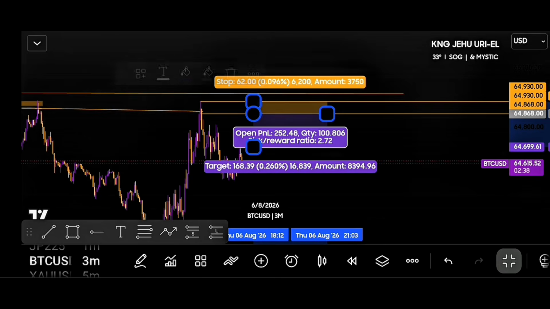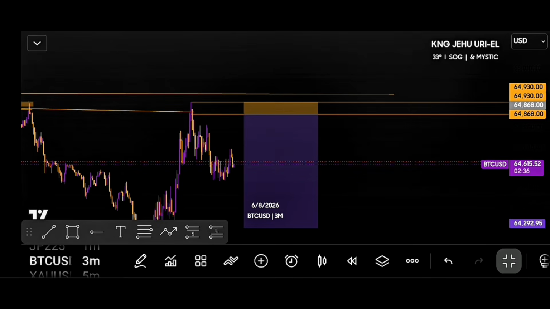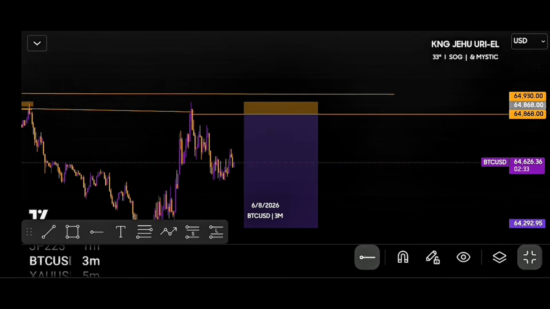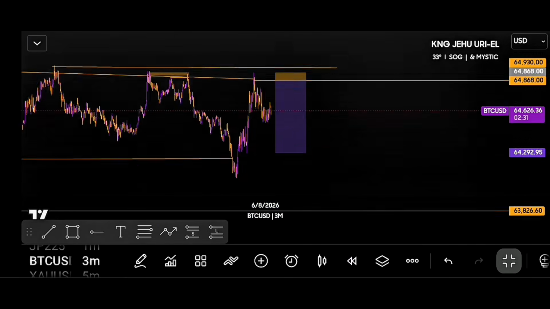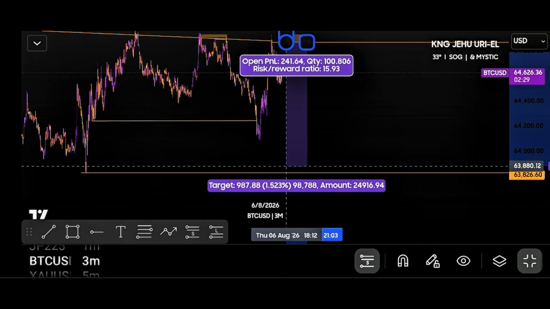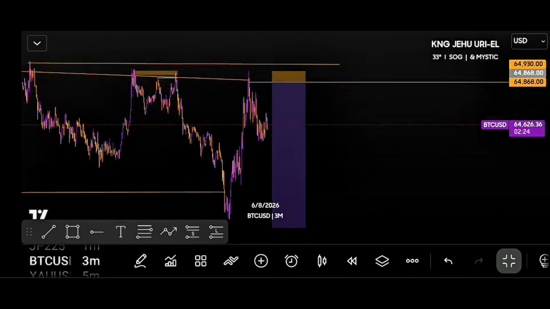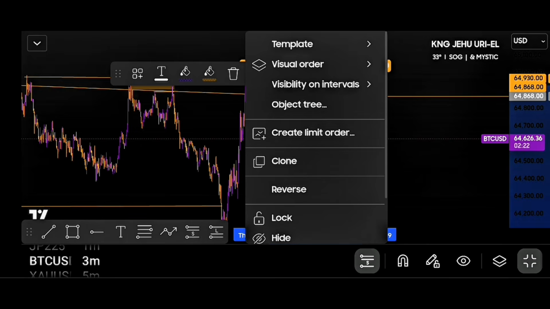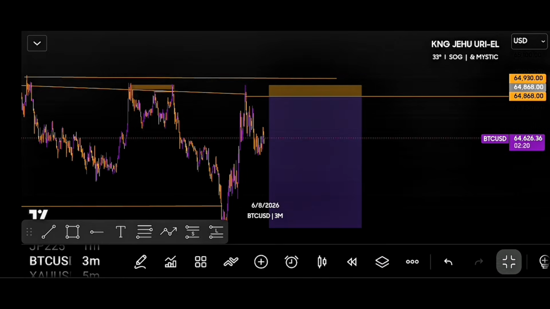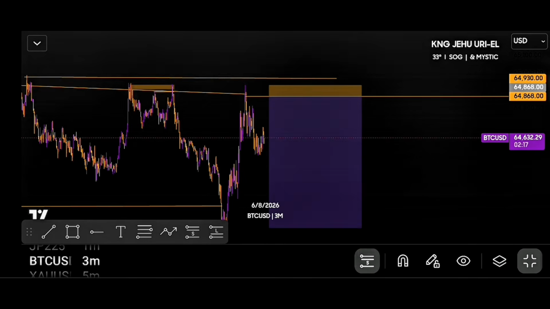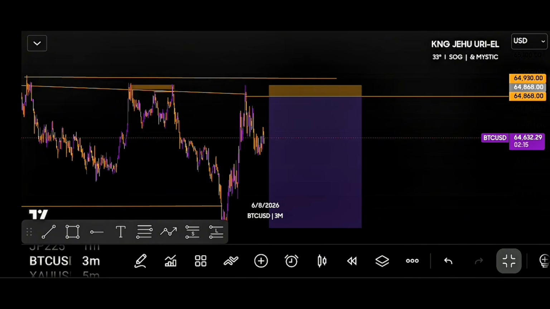Okay, yes. Then I'm going to delete this that I use for the Excel. Then take profits. First one is going to be here, and that's 16 risk to reward ratio. So my stop loss on this trade is, how many points is that? But anyway, 64,868 and then 64,930.